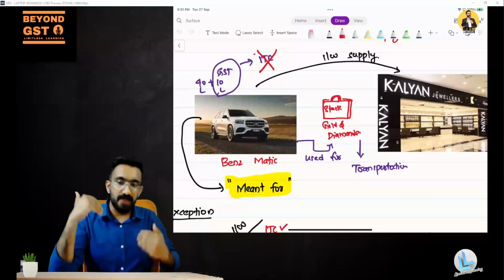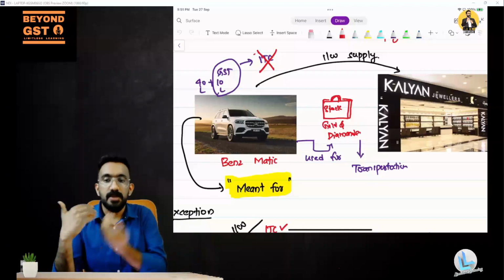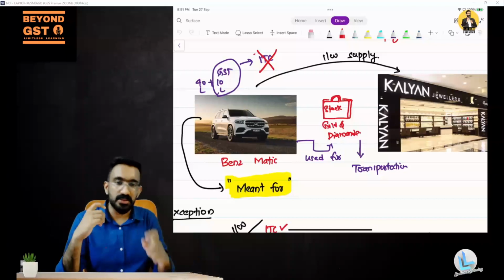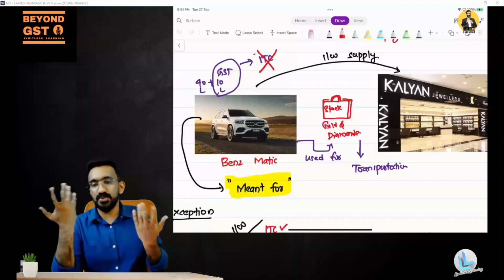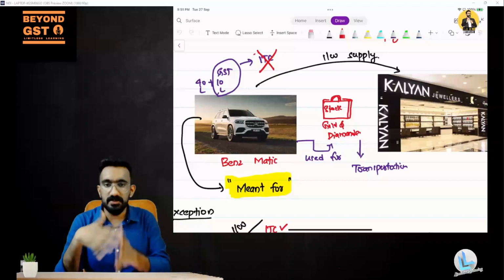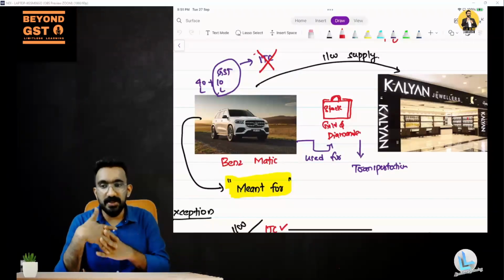When Mercedes was manufacturing this particular vehicle, the authorities asked Mercedes to give an approval: is this a goods vehicle or a passenger vehicle? It is a passenger vehicle. The person purchasing it might use it for a different purpose, but that's irrelevant. What is it meant for? Is it meant for transportation of passengers? Yes. Is it having approved seating capacity of 13 or less? Yes.